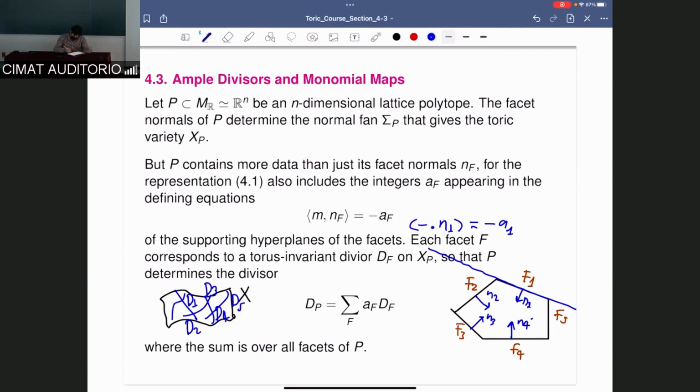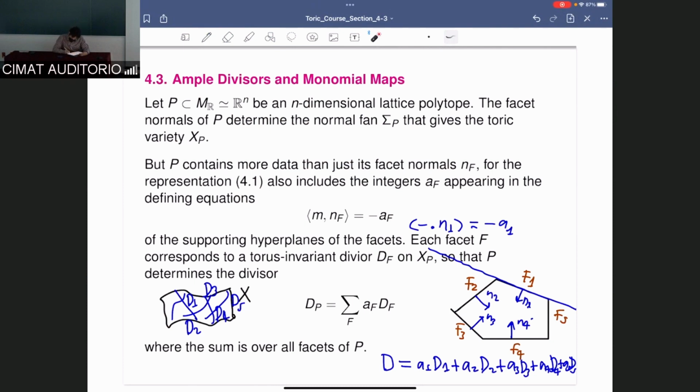So what this procedure is saying is form the divisor D equal to A1 D1 plus A2 D2 plus A3 D3 plus A4 D4. I think I can fit it. Plus A5 D5. It's not readable, but I did it. Anyway.